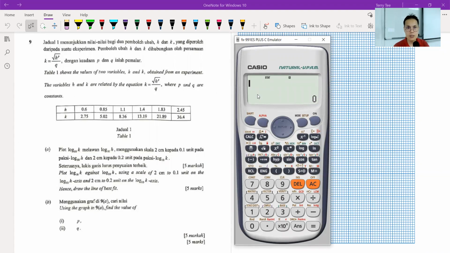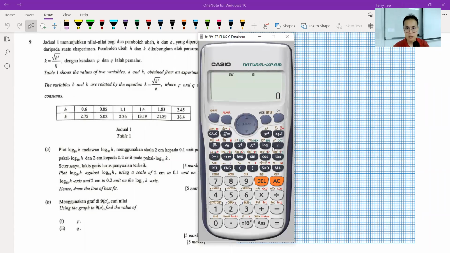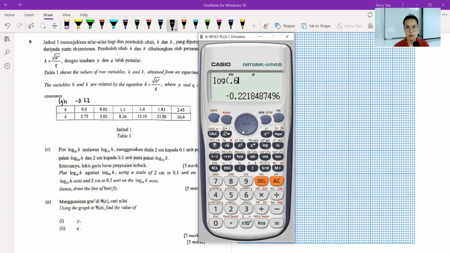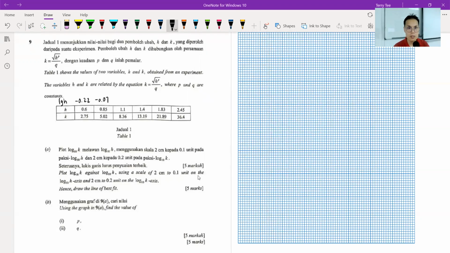First let's key in your calculator. Log 0.6 will be negative 0.22. Just take 2 decimal points would do. So this is lgh, negative 0.22. Next, log 0.85 gives us negative 0.07.